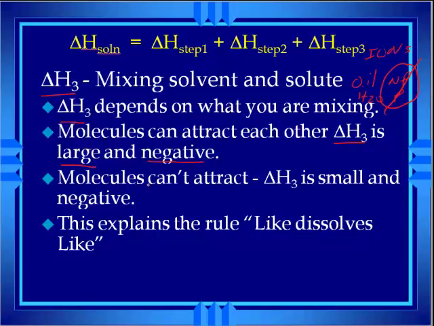But if we have molecules that can't attract, like oil and water, this H3 value is really small, and it's still going to be negative. It's still going to give off a little energy, but it really can't overcome the forces of H1 and H2 in order to get H solution to be a negative thing. So H solution in that case becomes positive.